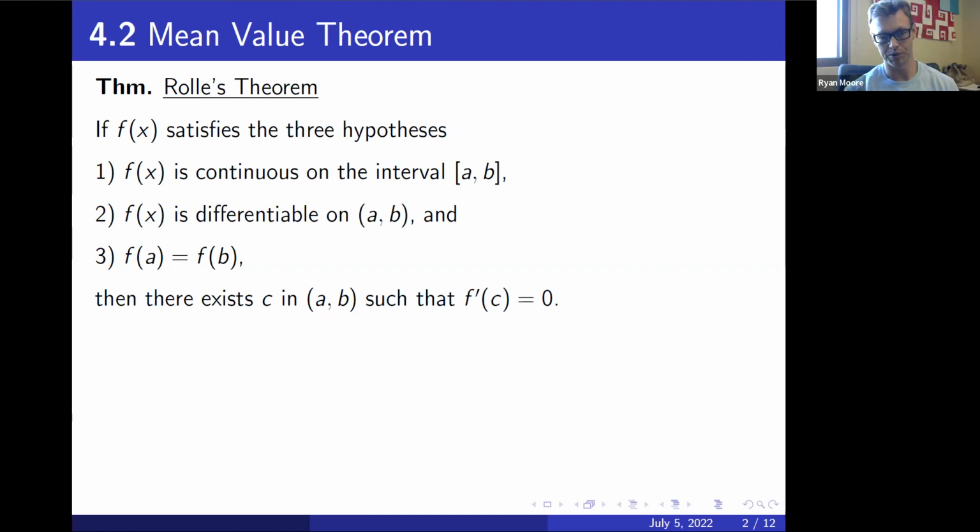If all that's true, then there exists c in that interval from a to b such that f prime of c equals 0. This is a classic example of a theorem in calculus that seems really complicated and heavy, with a lot of detail to hold together in your mind. And then there's this conclusion, and you're like, what?